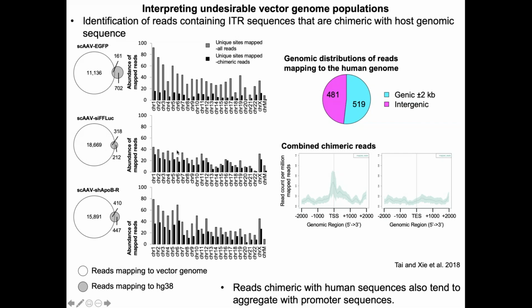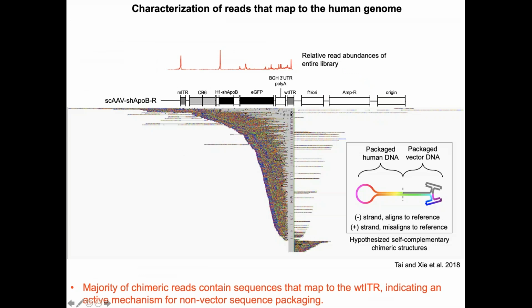However, when we started to look at individual reads, we saw a commonality in these sequences. One is that most of the reads that mapped to both the human genome as well as the vector genome aligned specifically anchored to the wild type ITR. So what this is telling us is that the majority of these sequences have one thing in common, which is that they have ITRs.